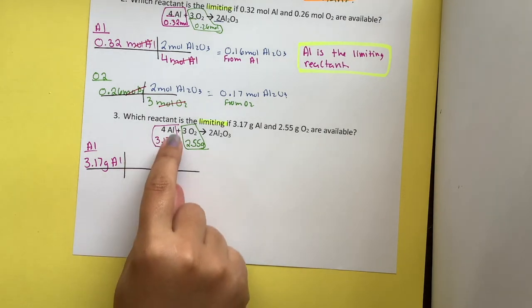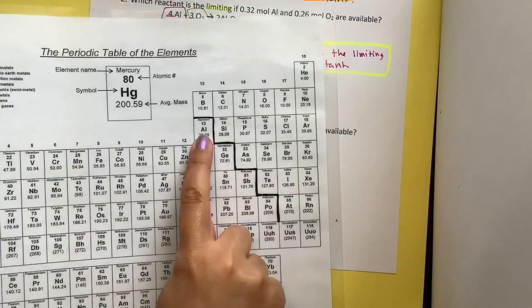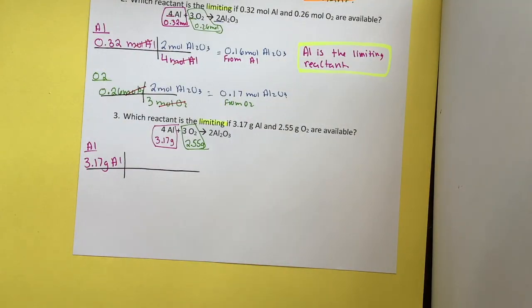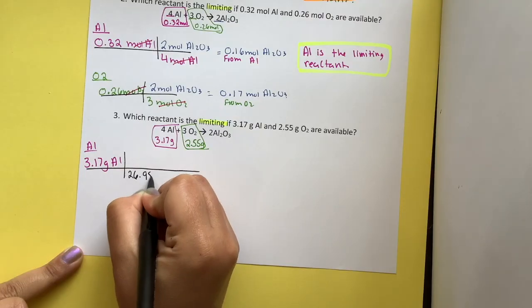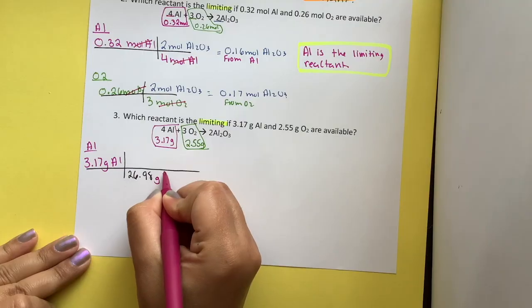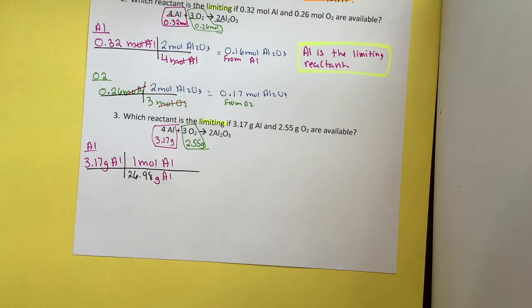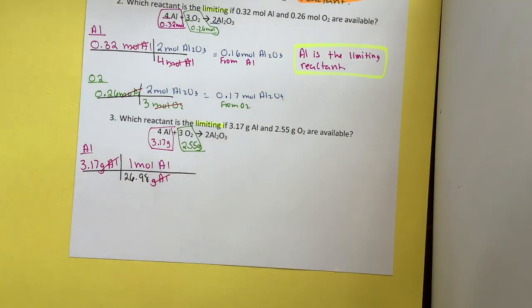Since it's just Al, we look at the periodic table, which gives a mass of 26.98. So on the bottom we put 26.98 grams of aluminum for every 1 mole of aluminum. The grams cancel out, and now I'm left in moles of aluminum.